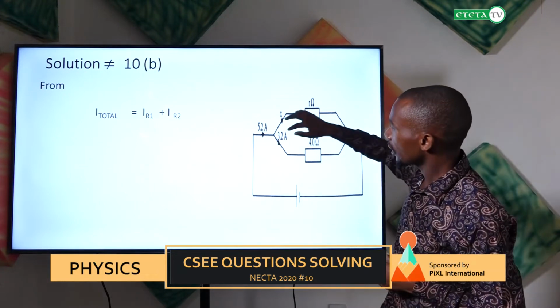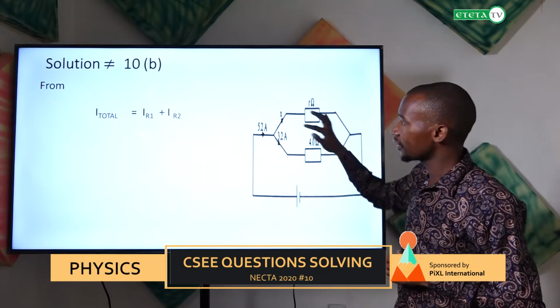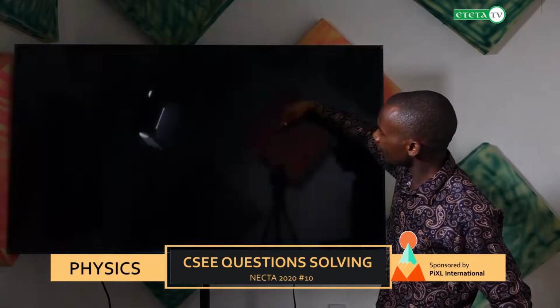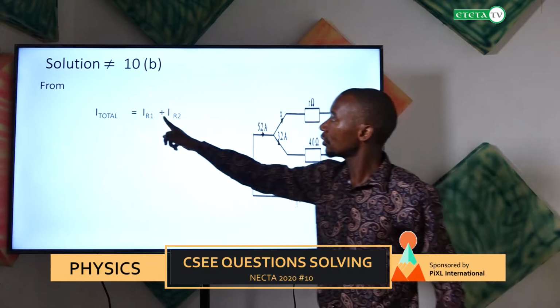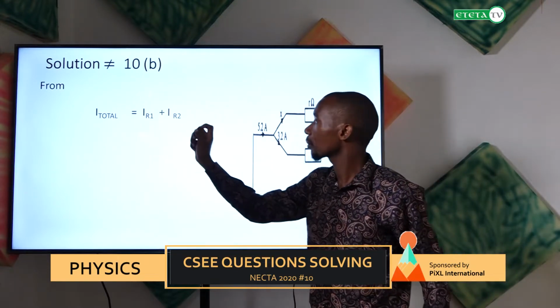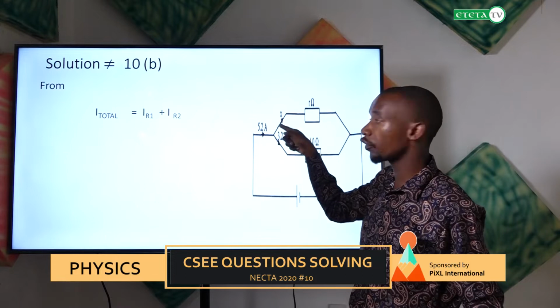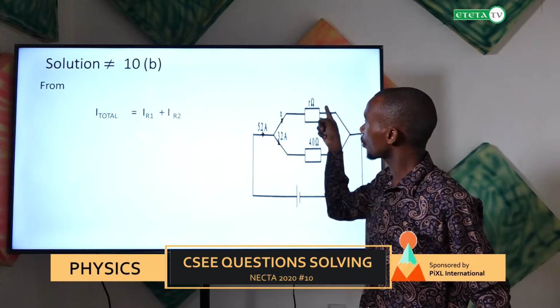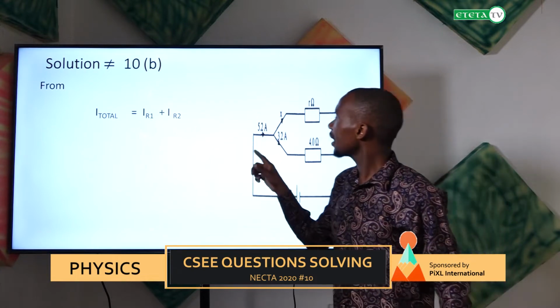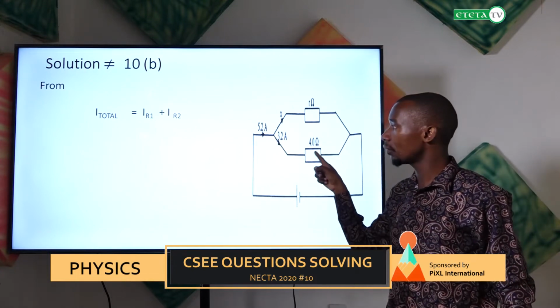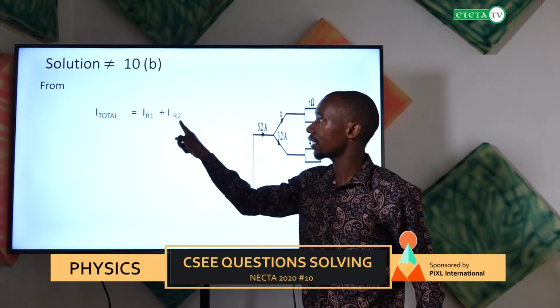So means what? Here at the junction, let the current which is flowing to X be capital I R1, meaning that the current that is flowing here is through R, small r, and the current that is flowing through these 4 ohms is equal to I R2.